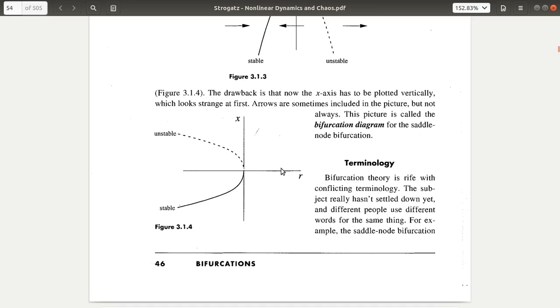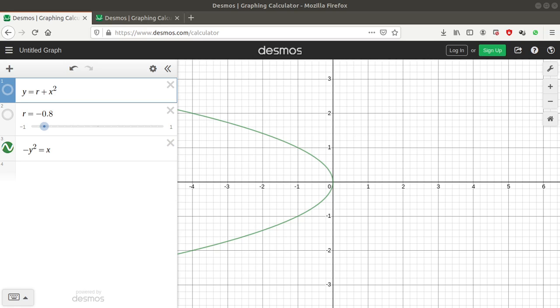If a bifurcation diagram is given, then from it we could understand when the bifurcation will occur and what the fixed points will be, and if a fixed point occurs, whether it is a stable or unstable fixed point. All this information can be obtained from the bifurcation diagram. Okay, fine.